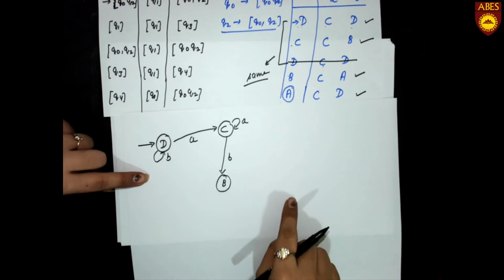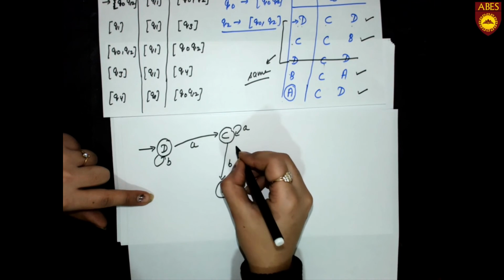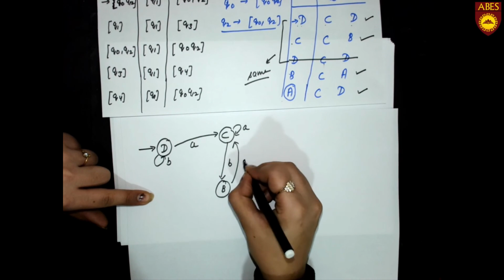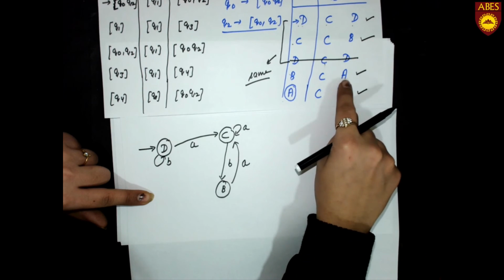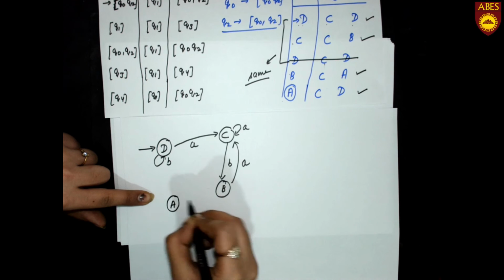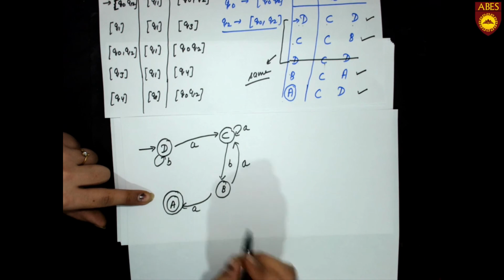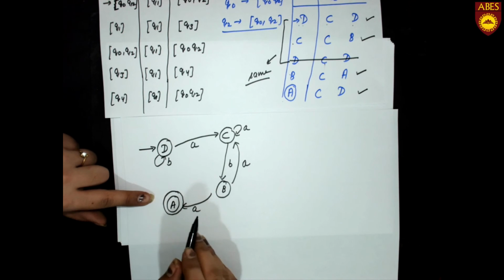Now B, when we apply input A, output is C. When we apply input B, output is A. A state is our final state. Double circle represents the final state.